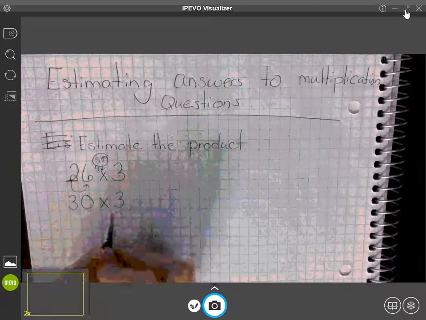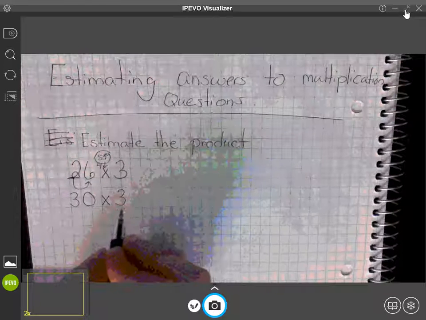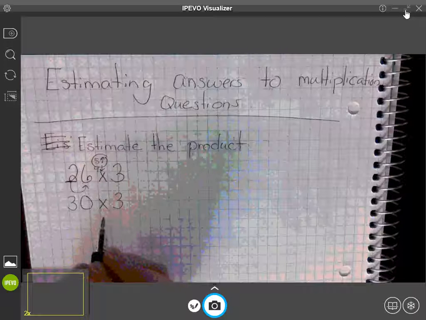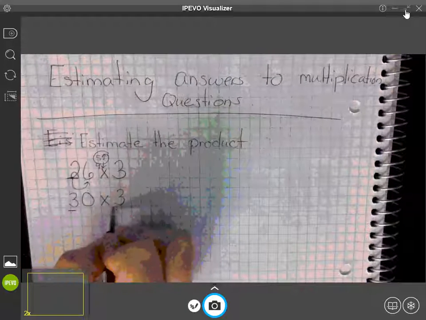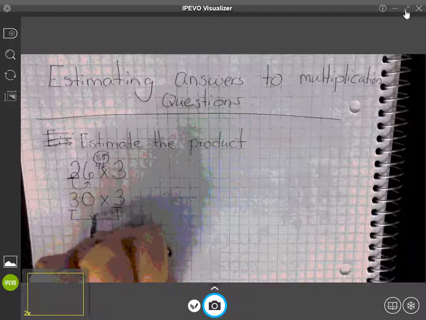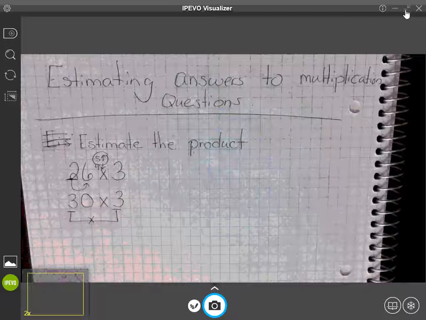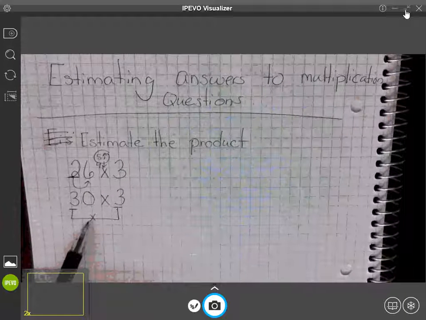30 times 3 is 10. Not quite. How would I multiply? Yeah, remember yesterday we were talking about the strategy? We're taking the 3s. 3 times 3.